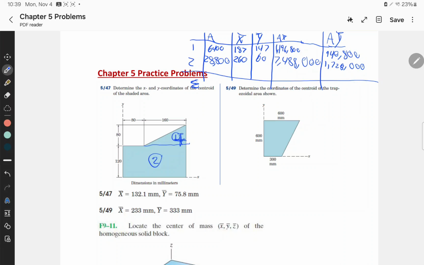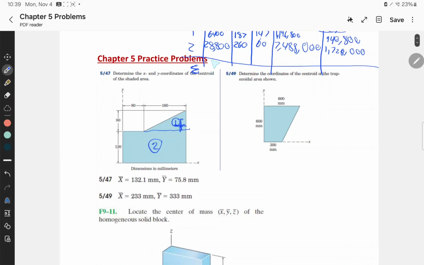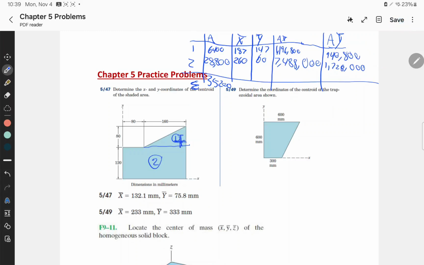So 64,000 plus 28,800 is going to be 35,200. This one is going to be 8,684,800. And this, it's too big of a number, so I'm going to say 1.6 times 10 to the power of 11.